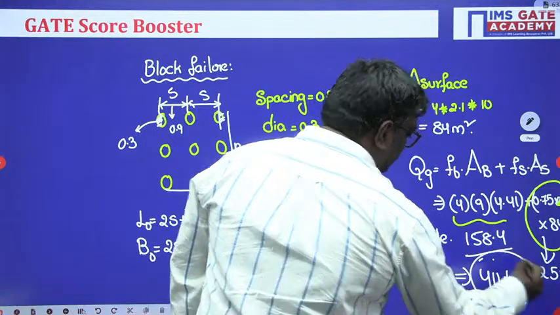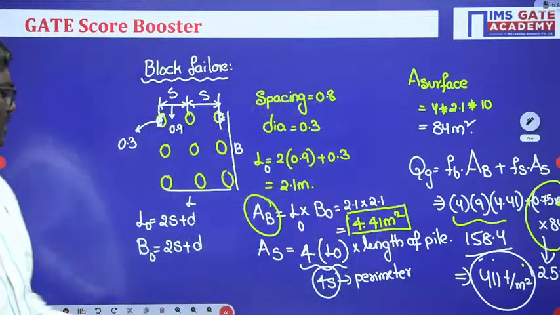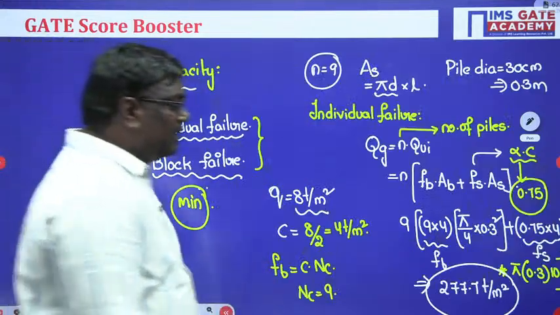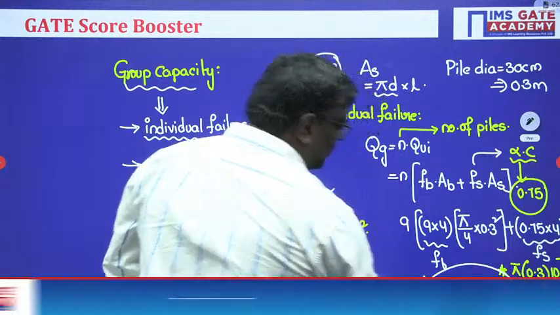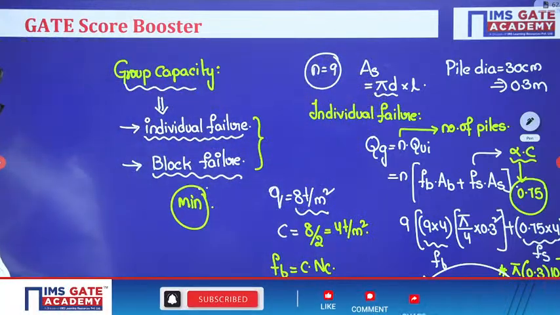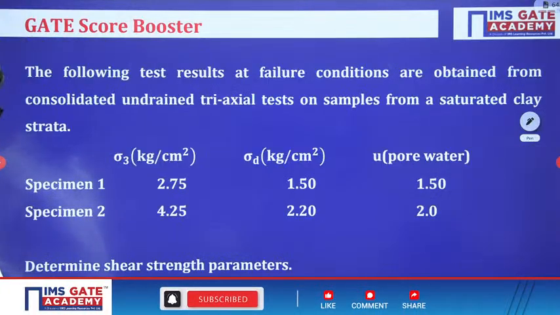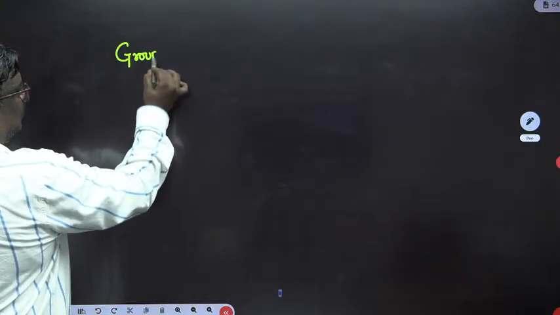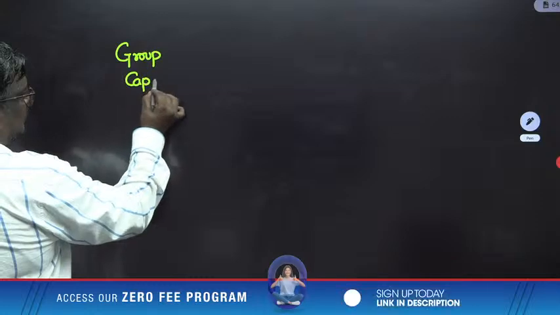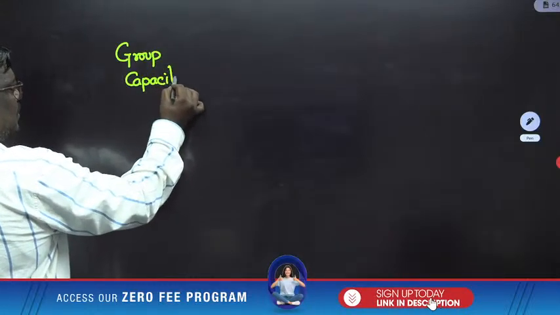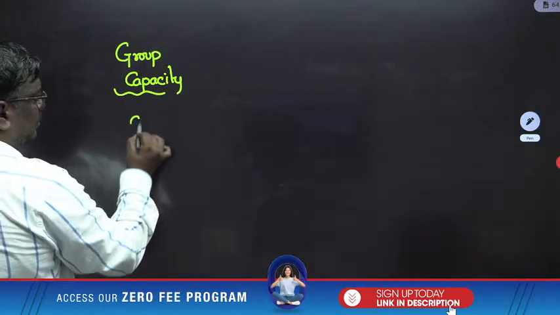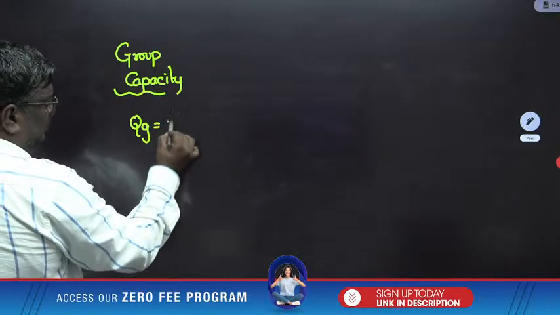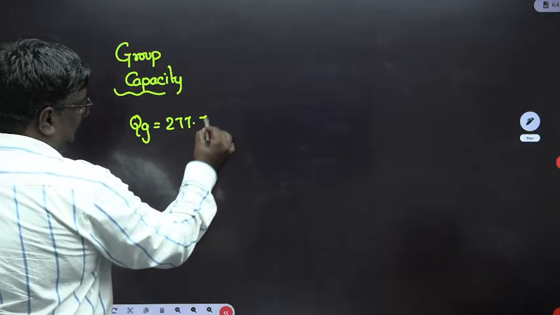Okay. So by looking at the values, whichever is the minimum will be taken, so this will be the group capacity. So what will be the group capacity here? Group capacity is taken as the minimum, that is equal to 277.7 ton per meter square.